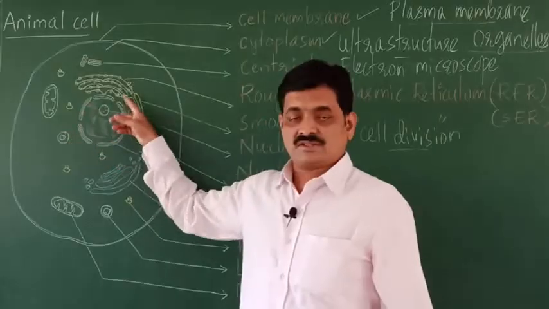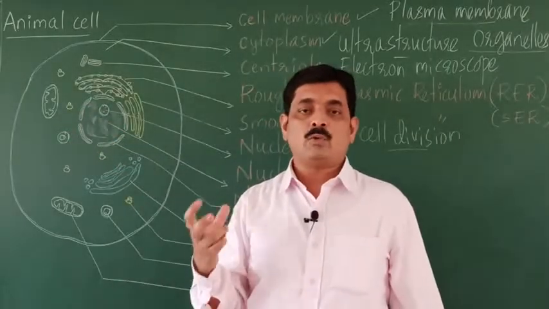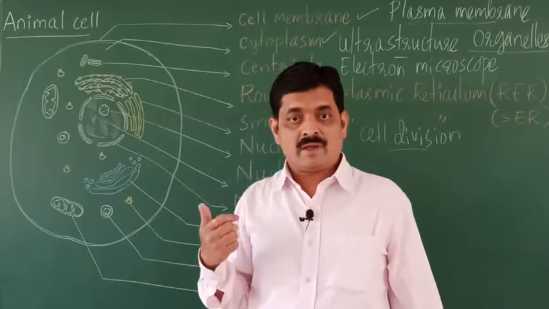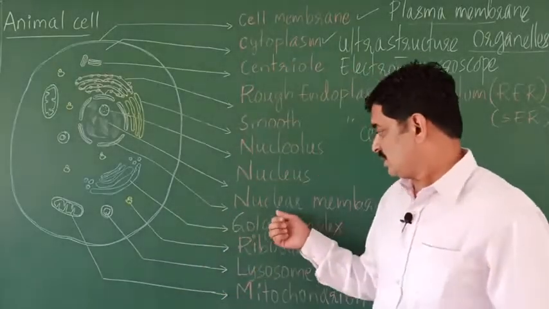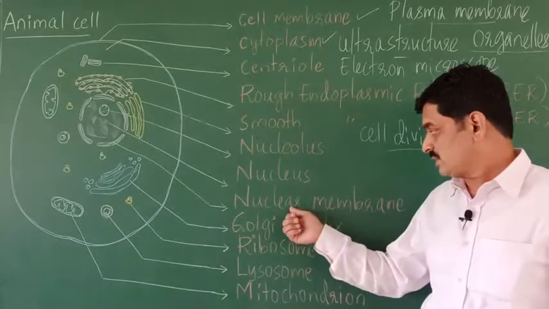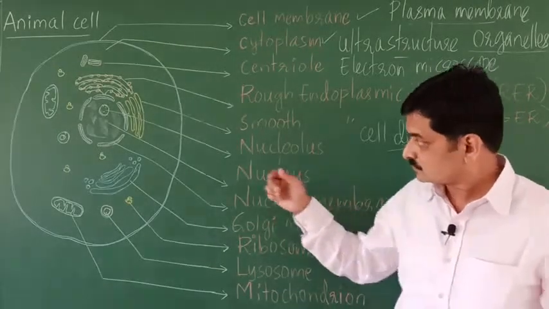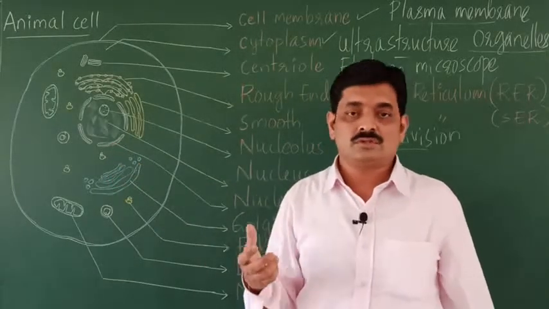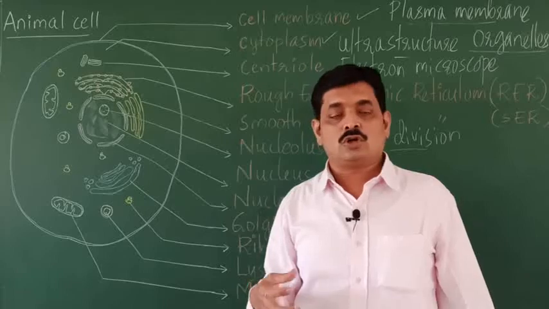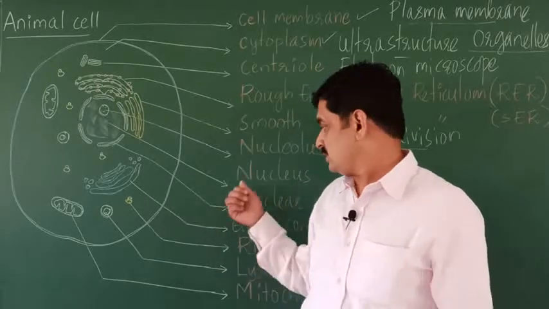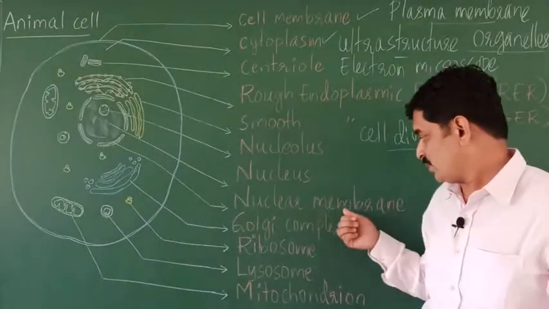Now this nucleus is bounded by, or surrounded by, or covered by a membrane which is called the nuclear membrane. So the nuclear membrane is the membrane that surrounds the nucleus.